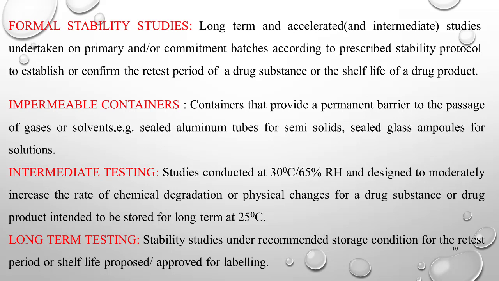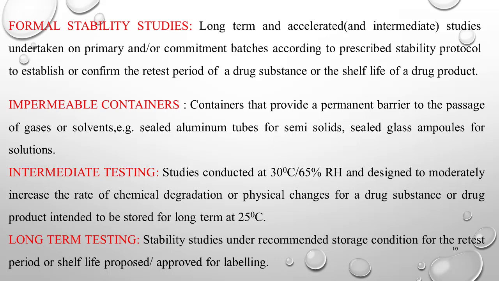Next is called intermediate testing. Intermediate testing has specific temperature and humidity requirements. Studies conducted at 30 degrees centigrade and 65% relative humidity, designed to moderately increase the rate of chemical degradation or physical change for a drug substance or drug product which is intended to be stored long term at 25 degrees centigrade.